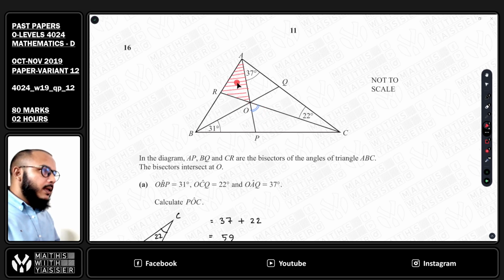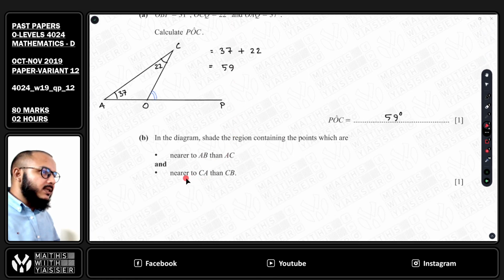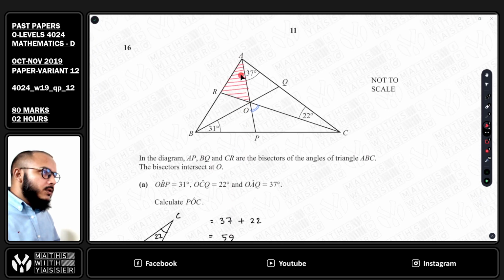So this whole region beside this bisector AP is closer to AB. Then it says nearer to CA than CB. So this line is CA and this is CB, and this is the bisector for both of these lines.